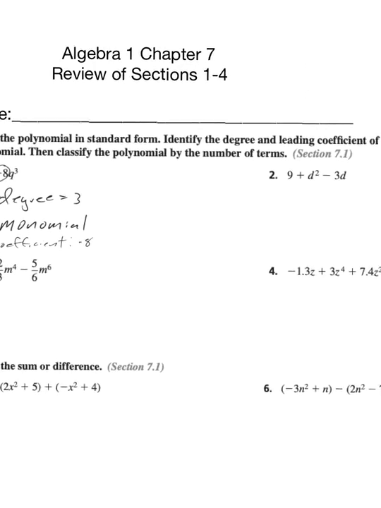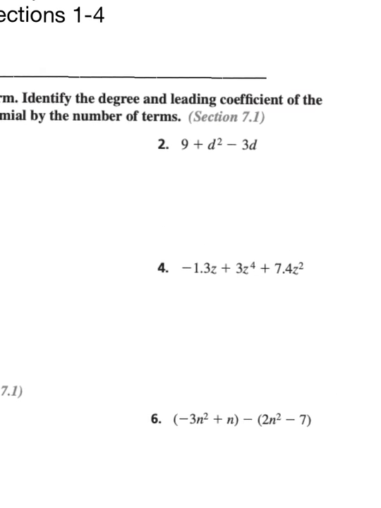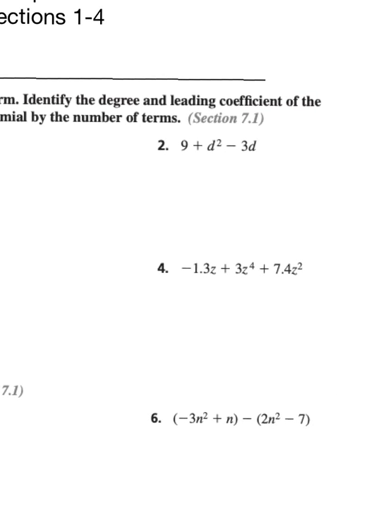The next one has 3 terms. We need to put it in standard form. So think about which is going to be the first term in standard form. It will be d squared, followed by minus 3d plus 9. Now it's in standard form. Now the coefficient of the leading term. If there's no number here, we assume that there is a 1. So the leading coefficient is just a word that's going to come up later in your math.